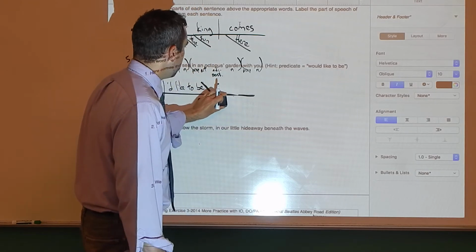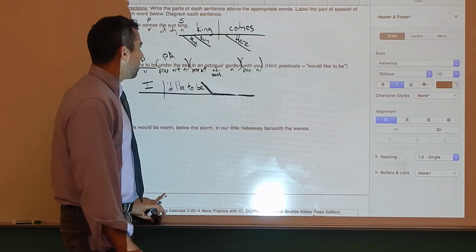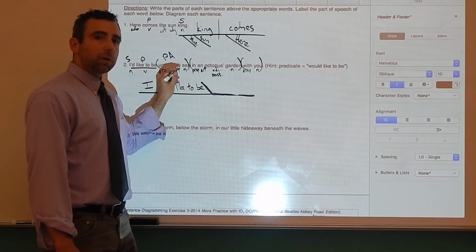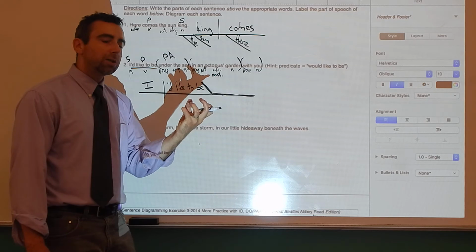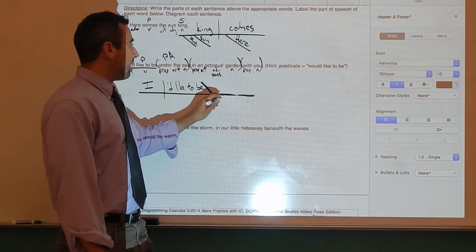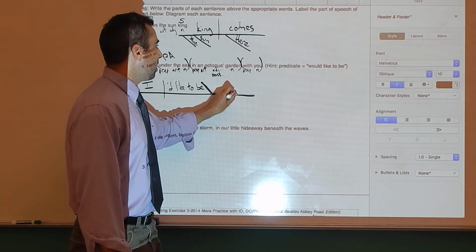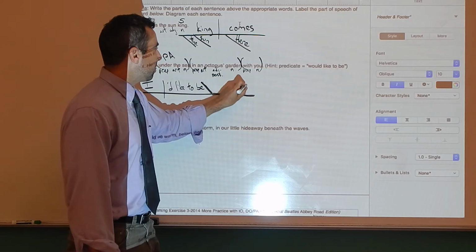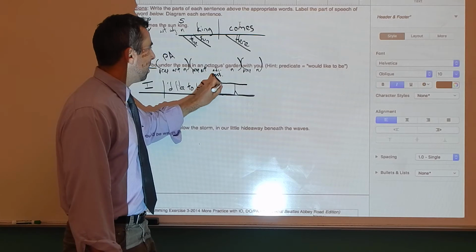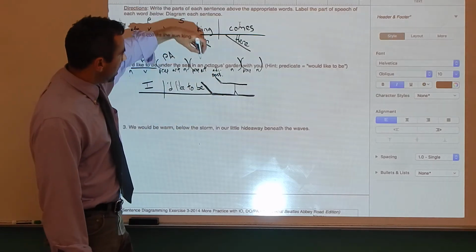The important thing here is that we remember that even though under the sea is 3 words, it's only a single part of sentence. So we've got to make sure that we're treating those same words as one unit. And a way to emphasize that visually is the other way to diagram this. Oh my gosh, what's that? It's a stand for something. We're going to put something on top of it. There's the lazy L for the prepositional phrase.